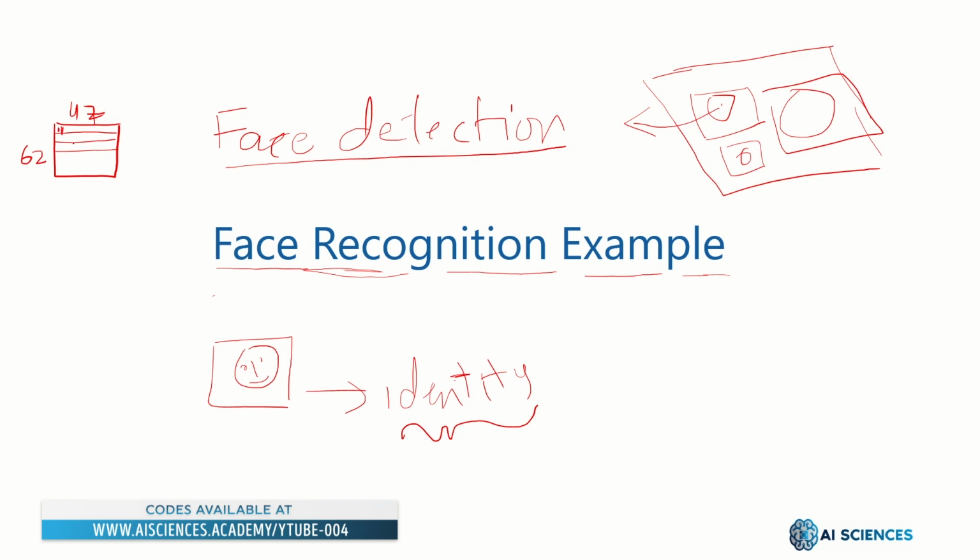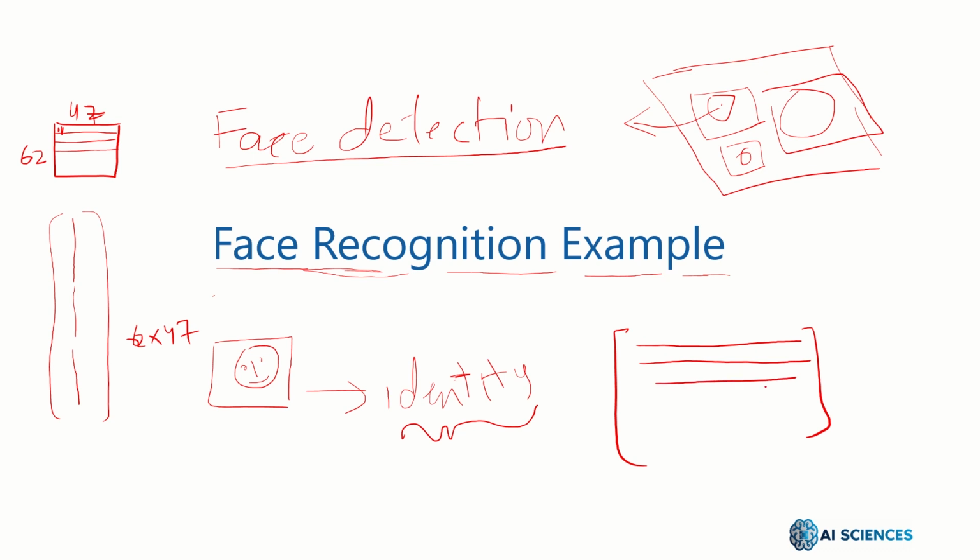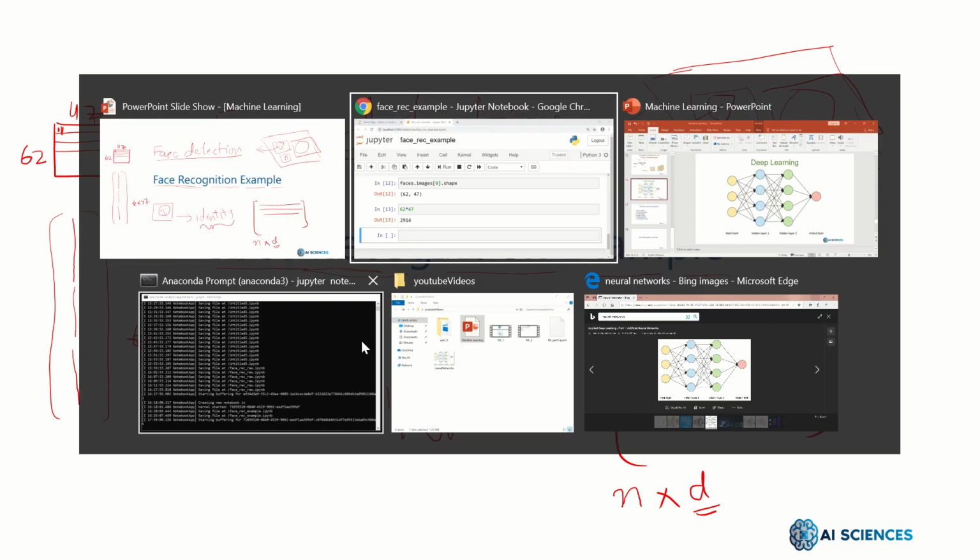One way to prepare the data in vector form is to pick the first row of 47 numbers, place them down, then pick the second row, place it below, pick the third row, and build a column vector of length 62 times 47. Or you can build a whole matrix, where the first face is flattened, then the second face is flattened, then the third, and this is the total number of faces by the total number of features, which in our case is 2914, I guess.